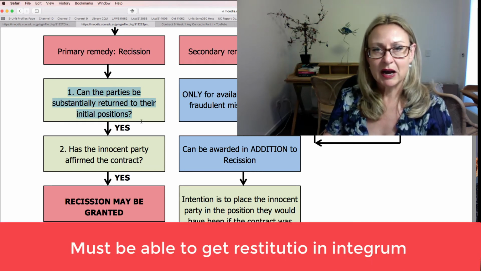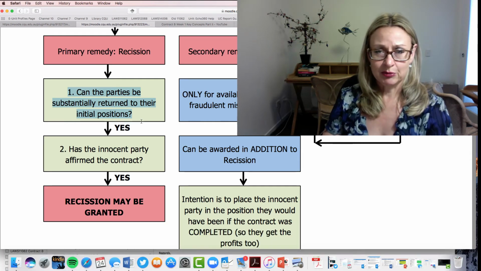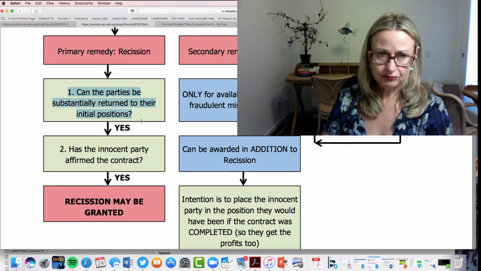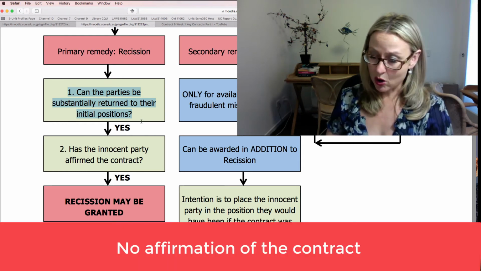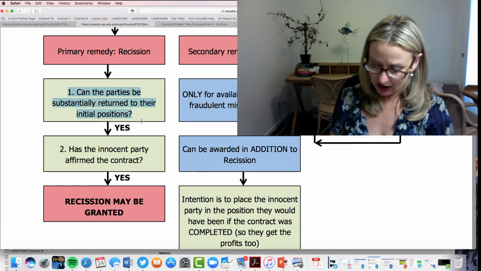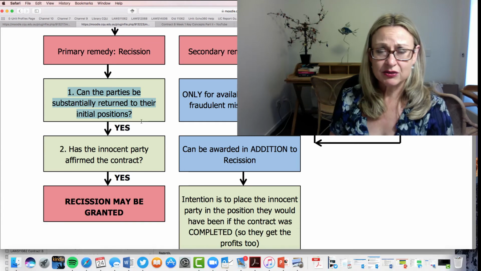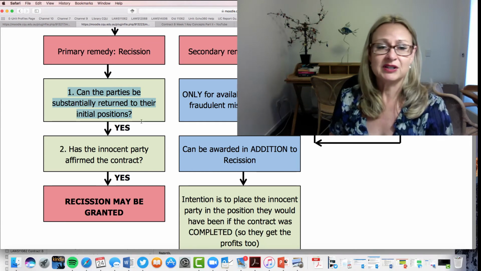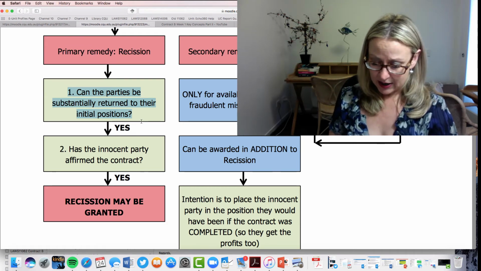You need to get those parties back to substantially the same positions that they had before they contracted. And there mustn't have been any affirmation or any of the other factors like laches, where the innocent party just sits around on their rights and twiddles their thumbs, doesn't do anything, and then years later decides to try and exercise their right to rescind the contract.